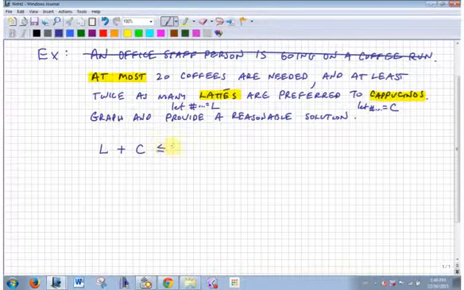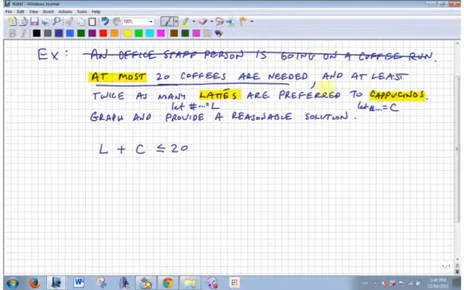Less than or equal to 20. Yeah, that's what that says. So take the English, make it math. Does that make sense? Okay, so that's the first piece of information. 20 at most coffees are needed.